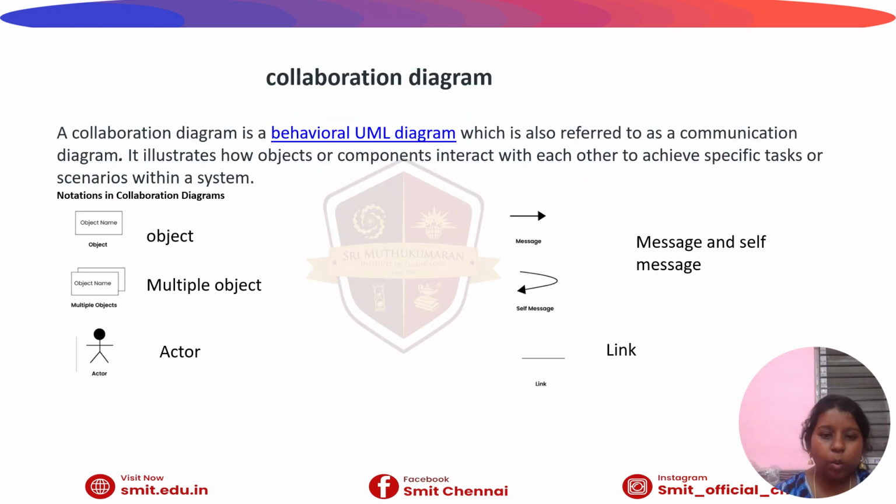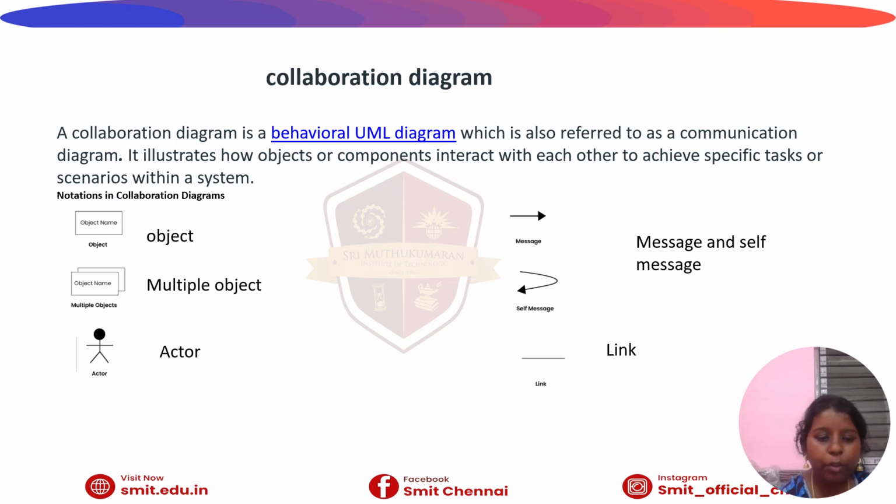Okay. Next is the collaboration diagram. We call it an interactive diagram because if we draw the sequence diagram, we can automatically generate the collaboration diagram. We specifically refer to it as the communication diagram because it interacts with each object to achieve a specific task or scenario within the system.